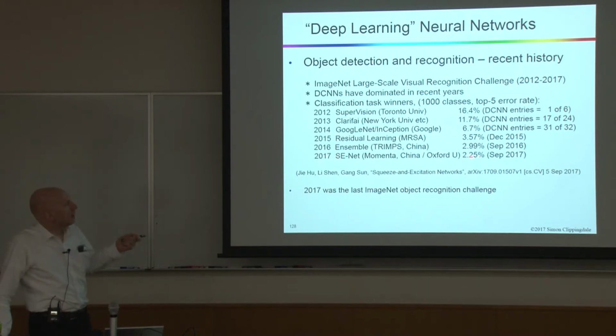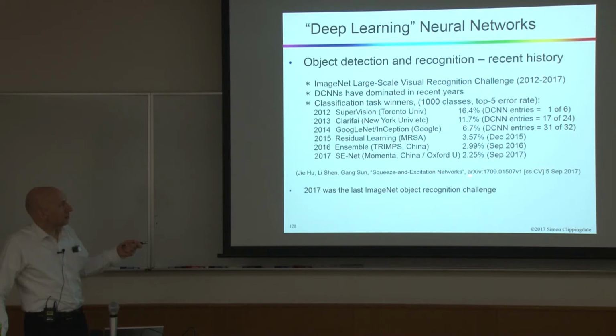And then just 3 months ago, a thing called SENet, which stands for squeeze and excitation, I think, won the contest with 2.25% error rate. Momenta is a self-driving car research outfit in Beijing, I think. And they were working with people from Oxford University in the UK, and they've got it down to 2.25%. Squeeze and excitation networks.